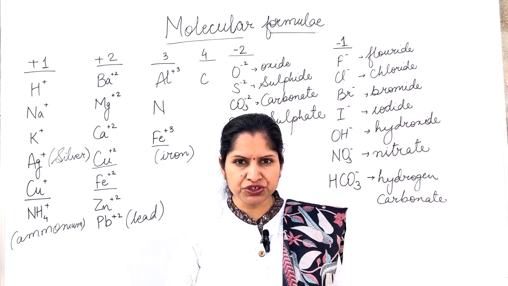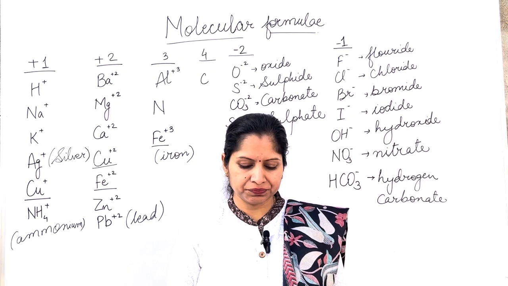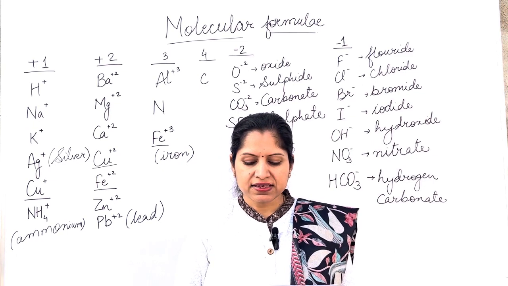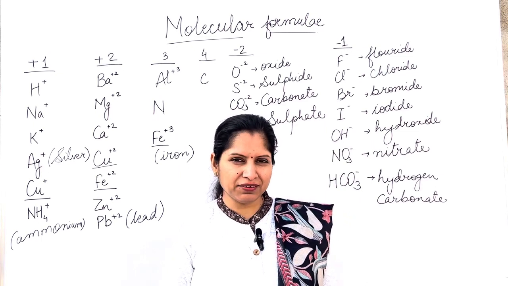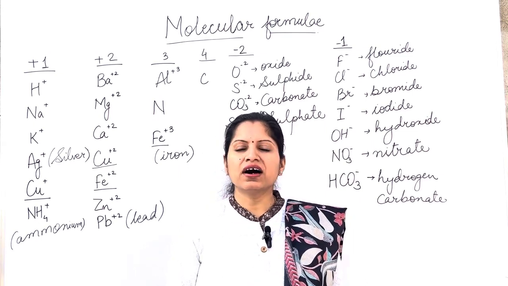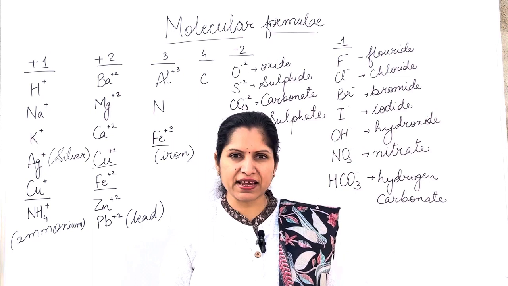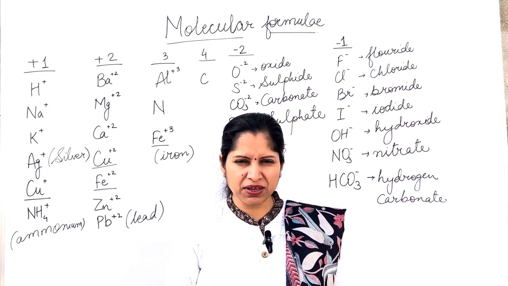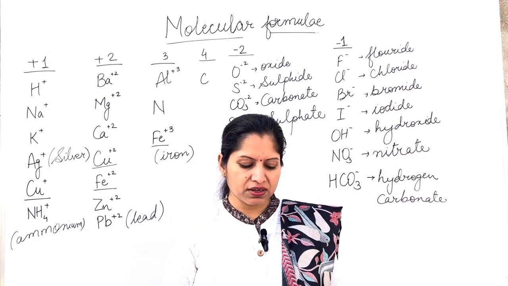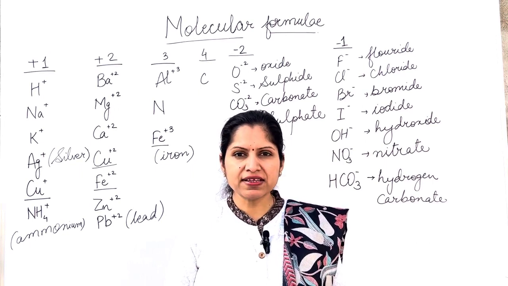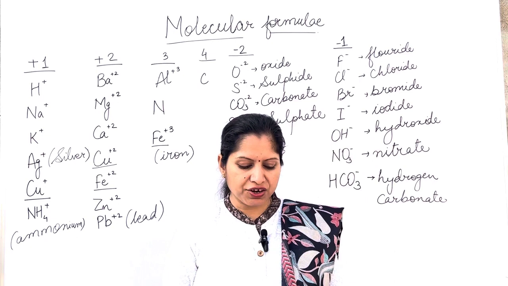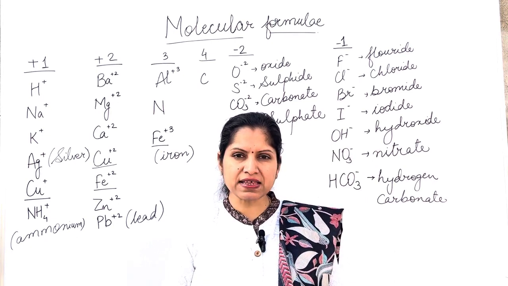Sixth, hydrogen chloride. Seventh is nitric acid. It might be new for you if you are in 9th standard. I'll let you know what nitric acid is. Nitric acid, it's very important, so you should know. Next is hydrogen sulfate. In bracket write sulfuric acid. Hydrogen sulfate, its common name is sulfuric acid.